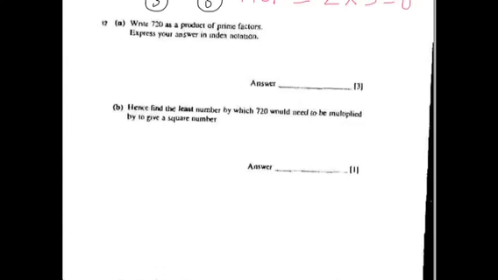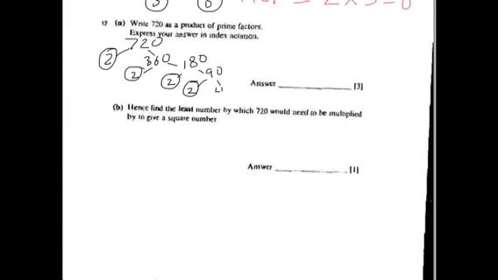Okay, continuing on with question 12, write 720 as a product of prime factors. We've got a few of these now. Okay, and with 720 we're going to be a little bit short of space, but we shall do our best. I'll go back to my black pen. So 720 is going to be 2 by 360, 2, 80, 2 by 90, 2, 45.